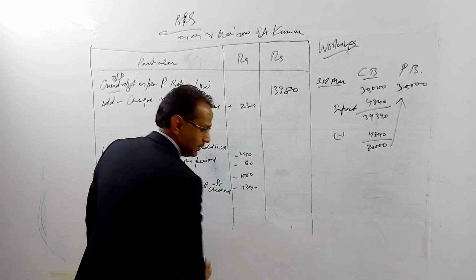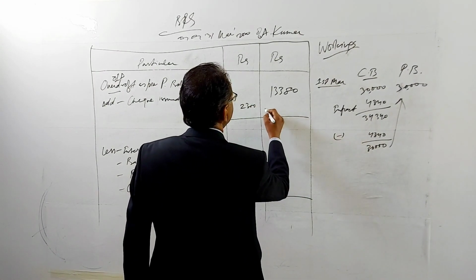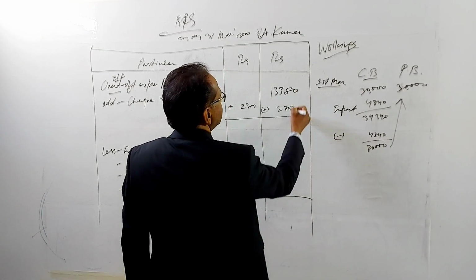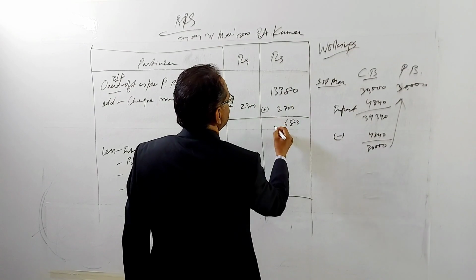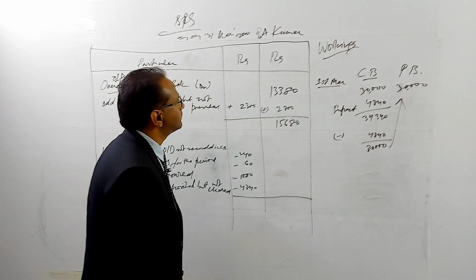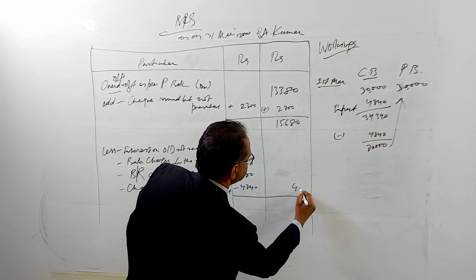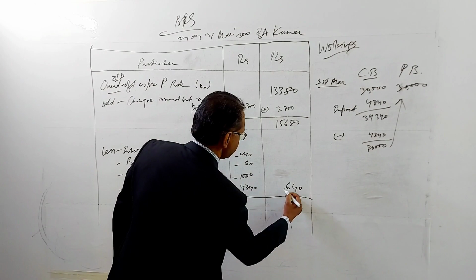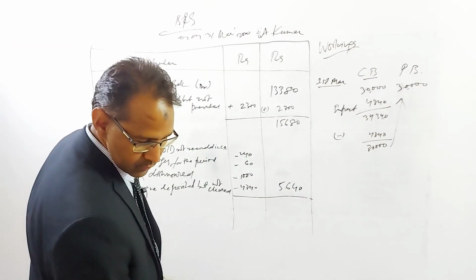4340. Class all. Now all minus will come here and plus will come here. Plus 2,300. How much it is? 80. 3 plus 3 is 6. 15,680. Minus this, how much it is? 6 10 14. 3 plus 3 is 6. 4 and 5. 5640.